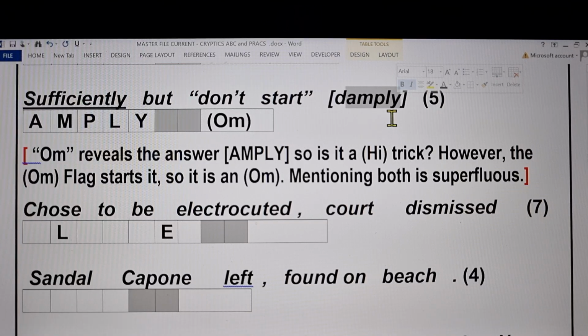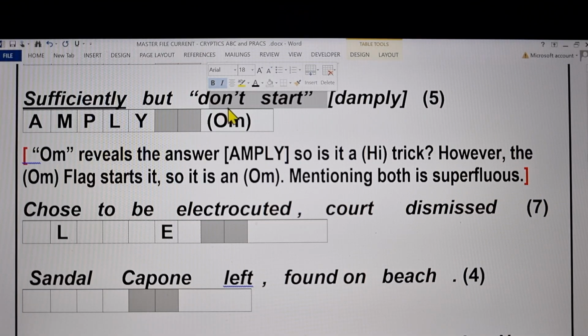And some people would say that's a hidden trick. I disagree, because you get to that trick by recognising that the flag is don't start, and that is an omission flag. Now, it's only semantics, I know, but to me that's an omission, and which happens to fall into a hidden, but it's omission.